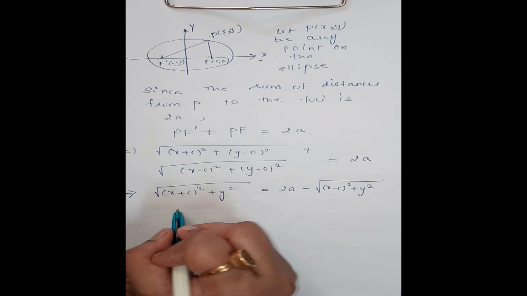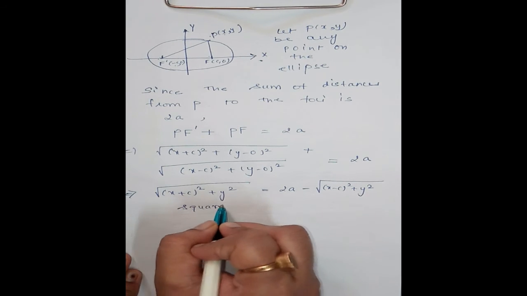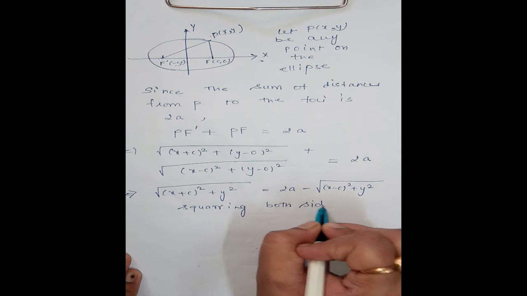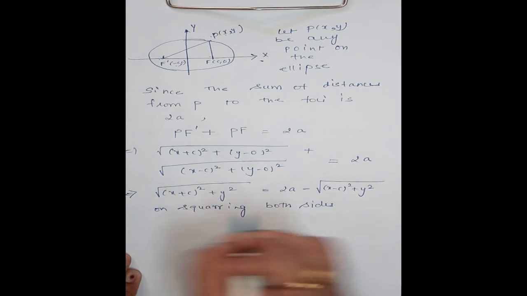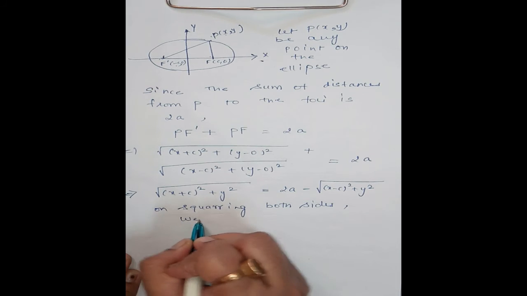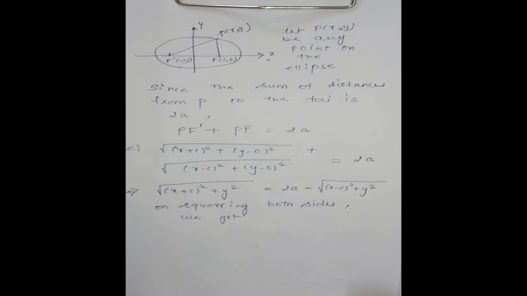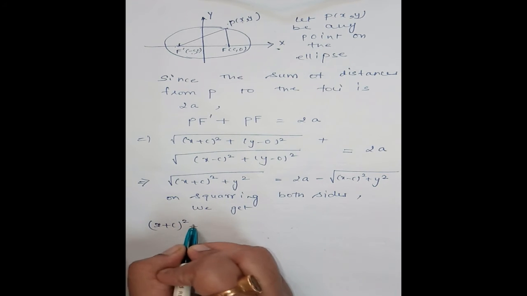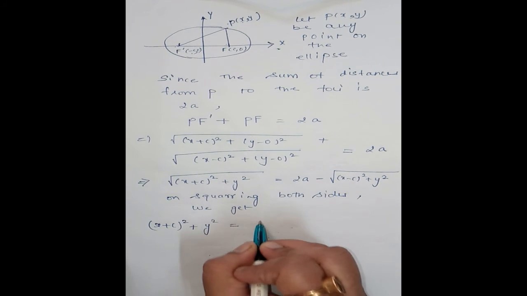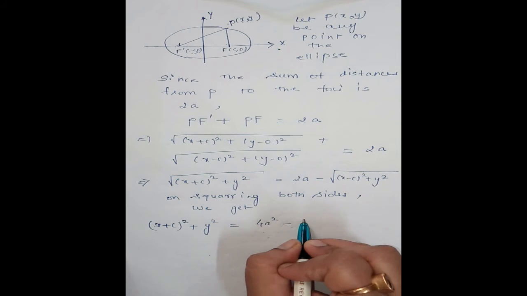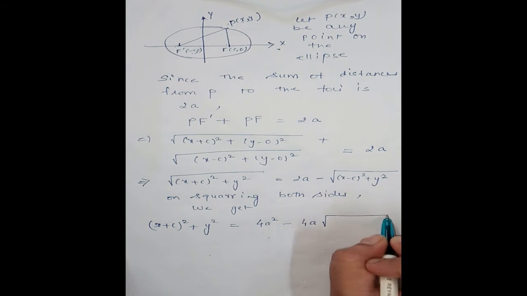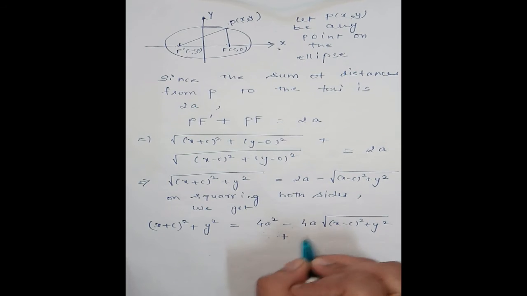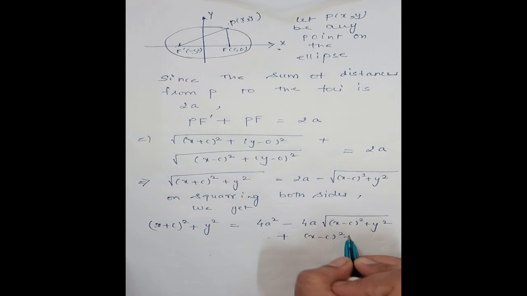Now squaring both sides, we get (x plus c) whole square plus y square is equal to 4a square minus 4a square root of (x minus c) whole square plus y square, plus (x minus c) whole square plus y square.